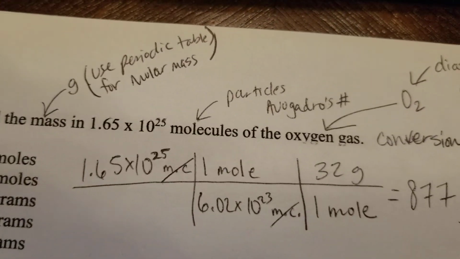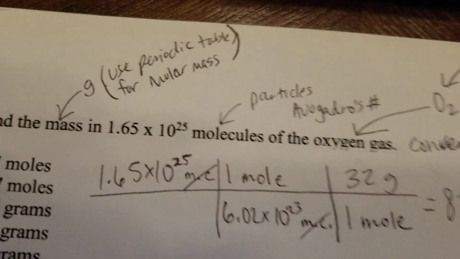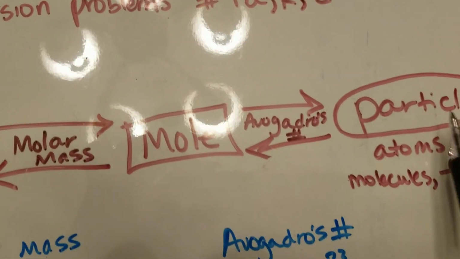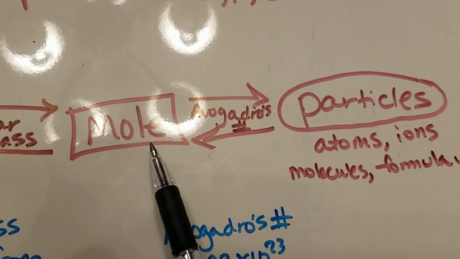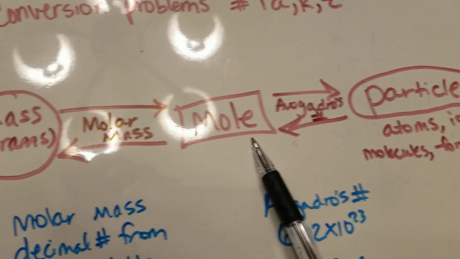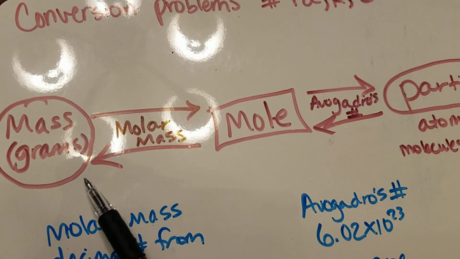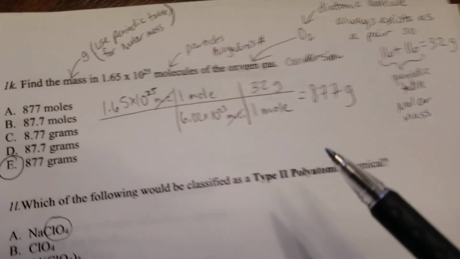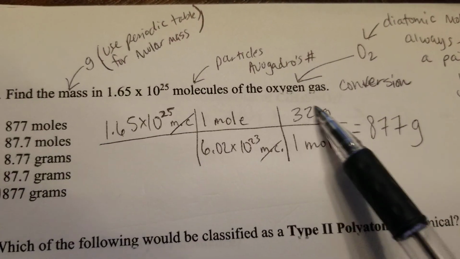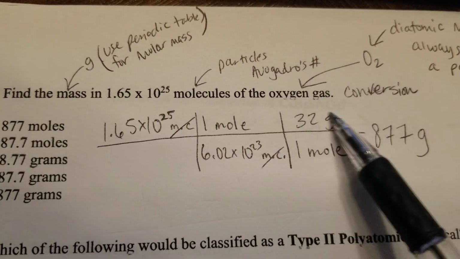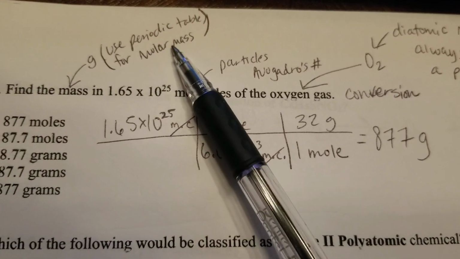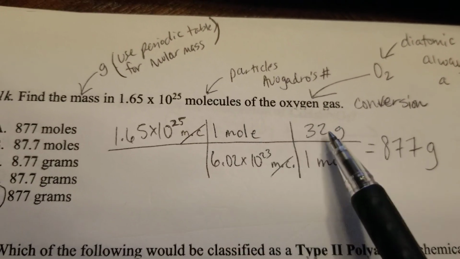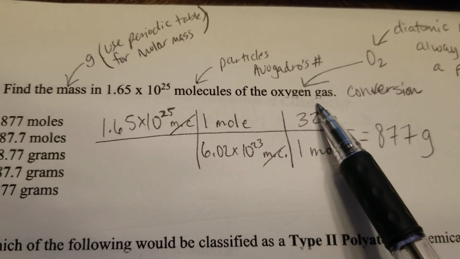And now I'm at moles. So what I just did, I went from particles to moles using Avogadro's number. So I'm right here. But I need to go here because that's what the question asks for. So I need a second conversion factor, which is the molar mass. Remember we talked about that? We're going to need to find the molar mass. Of what? Of oxygen gas.